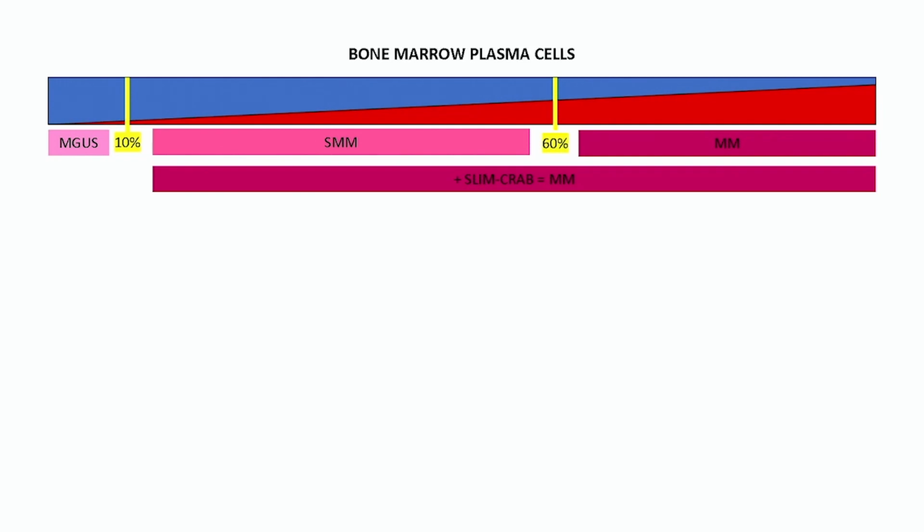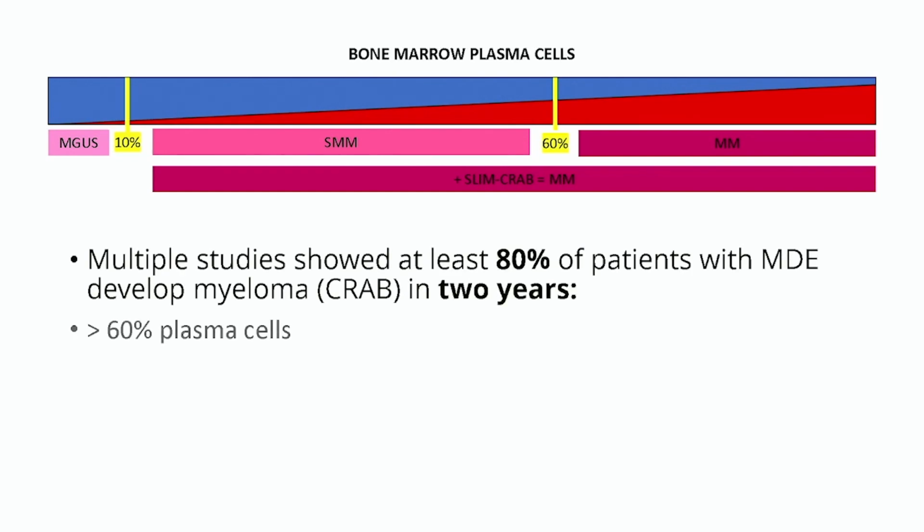So you see, basically we're trying to identify who is going into multiple myeloma, who is going to show symptoms earlier. And the whole idea of adding the myeloma defining events, or the biomarkers of malignancy, is the finding of more than 60% plasma cells in the bone marrow, more than 100 involved-to-uninvolved serum free light chain ratio, and more than 1 bone lesion on MRI or a very sensitive radiology technique.